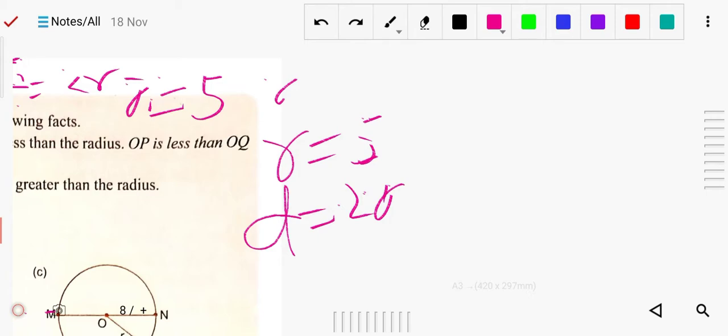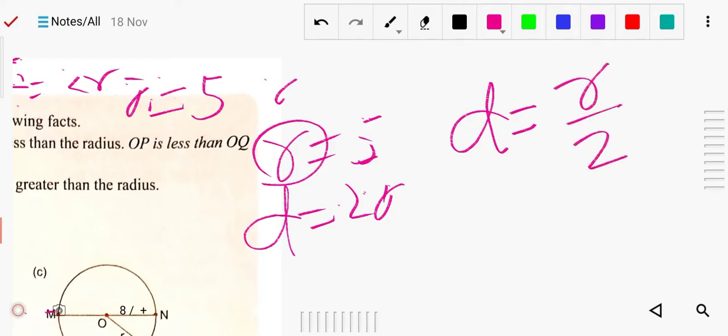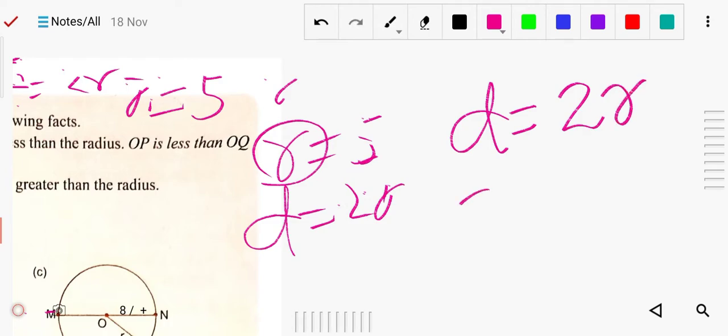So here the relation is simple. Sorry, here is a mistake, you just correct it. Your diameter will be 2 times the radius, and the radius will be half of the diameter.